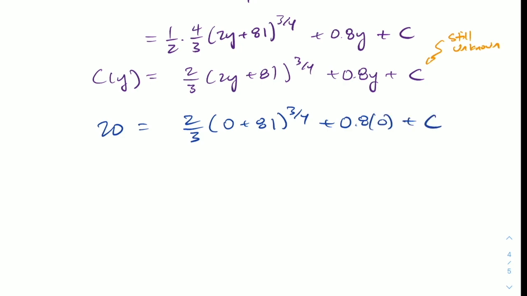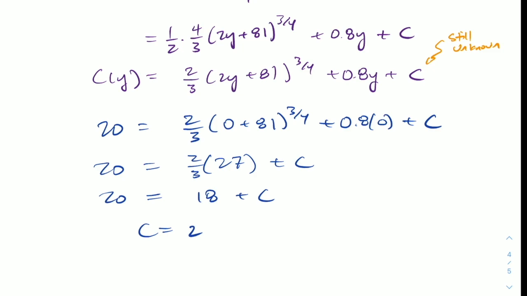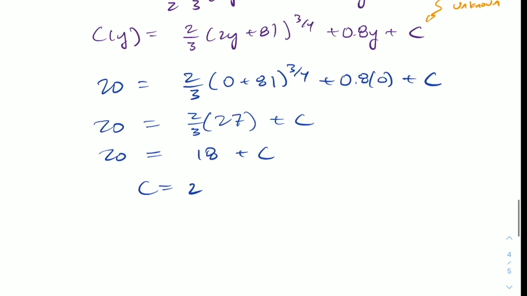And 81 to the 3/4, that's 27. So we'll get 2/3 of 27 plus c equals 20. 2/3 of 27 is 18. So c must be 2. And then we go back and we put that c in, and we have our national consumption.